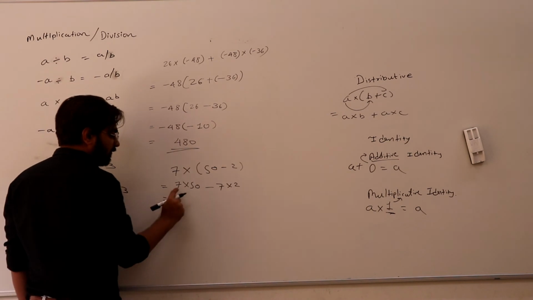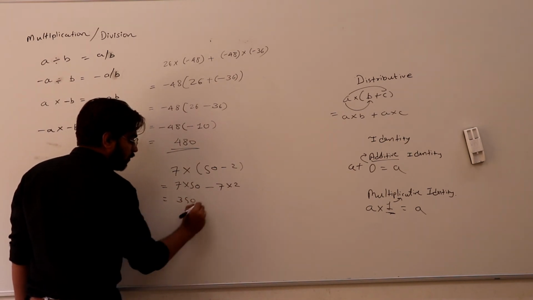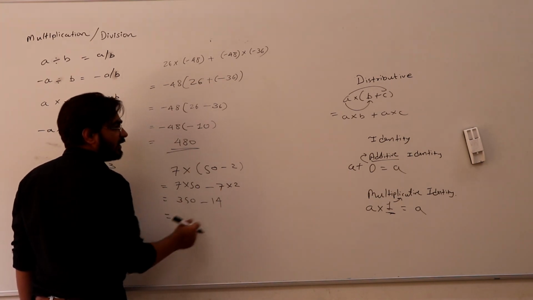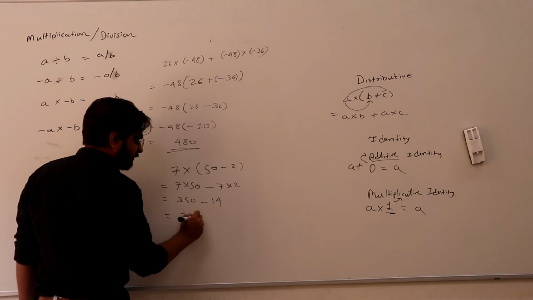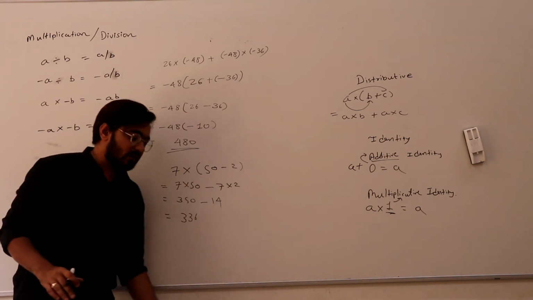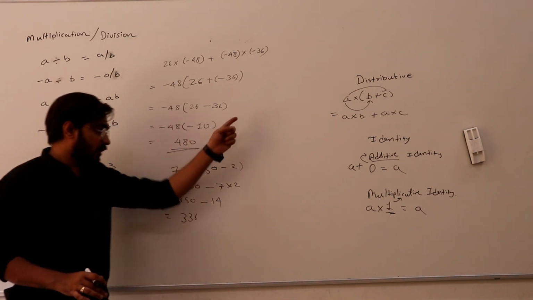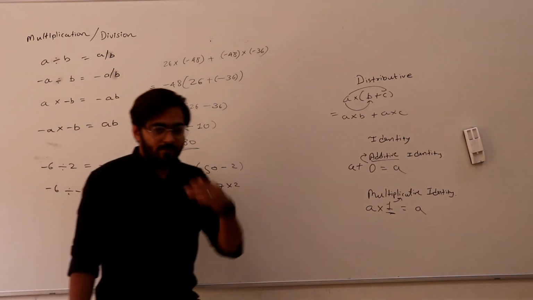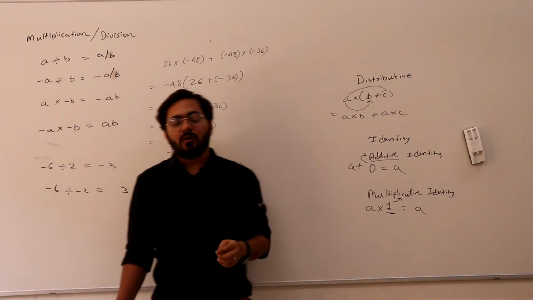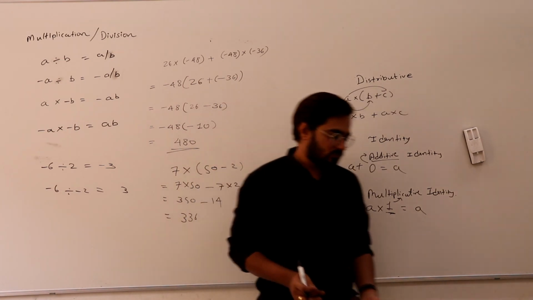So 7 into 50: 7 5s are 35 and 0. Minus 7 2s are 14. Now 350 minus 14 gives you 336. It is better than multiplying 7 by 48. This process is better. That's how the distributive property is applied to ease the process of multiplication or division.